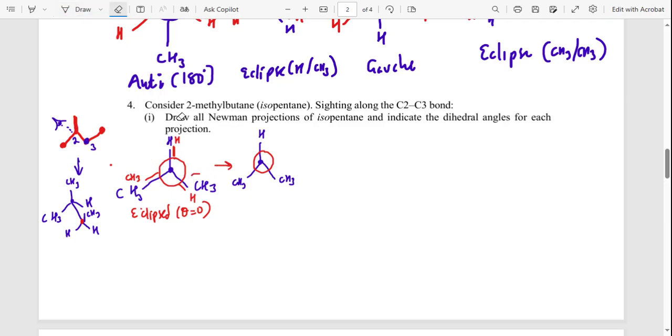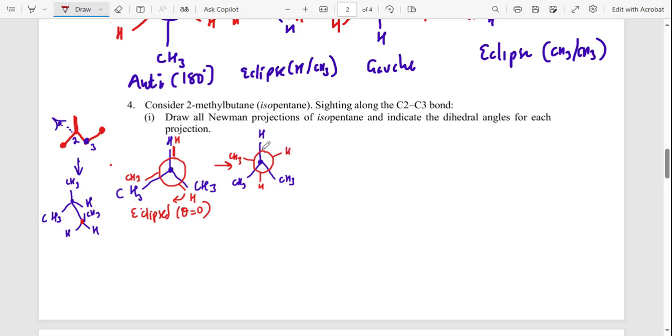If I make a rotation, you can see this hydrogen in red. Every rotation that you make, things move by 60 degrees. So this hydrogen in red will move by 60 degrees and come to the middle. This CH3 in red will now come here. This hydrogen will now come here.